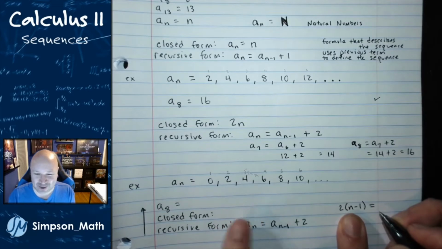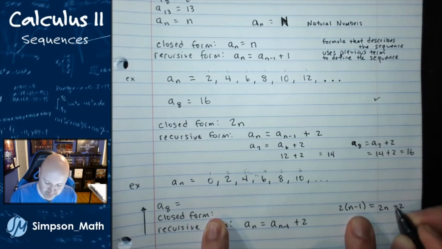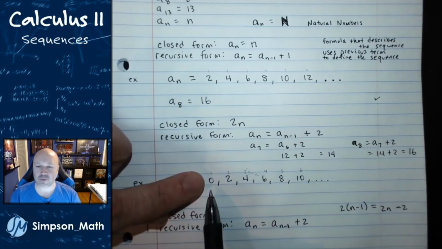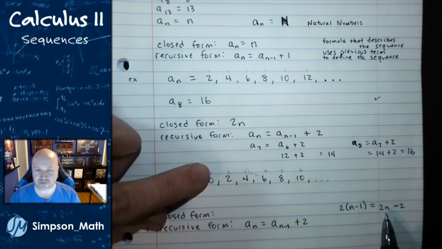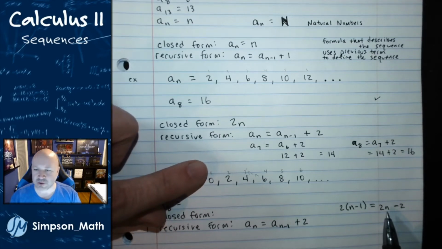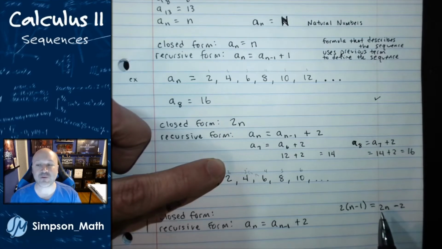Another way for the closed form, if I could distribute, is 2n minus 2. So if n is 1, the first number in the sequence, the first one is 1. 2 times 1 is 2. 2 minus 2 gives me the 0. Let's plug in a 2 for n.